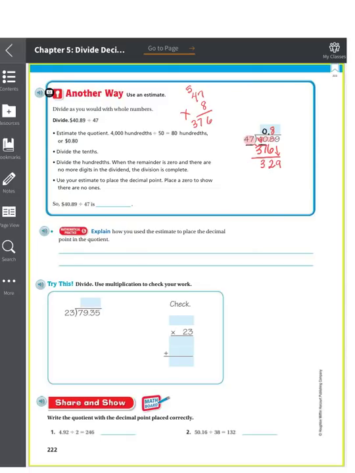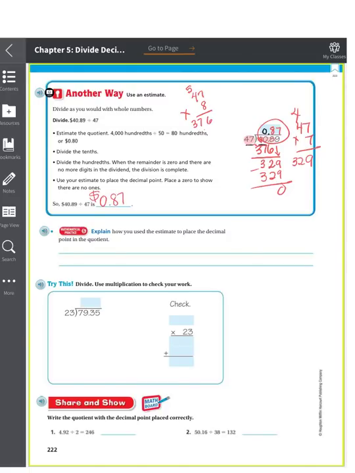So it's about 7 because it's less than that. So let's see how much 47 times 7 is. 329. So it actually equals that. So the answer is 87 cents.